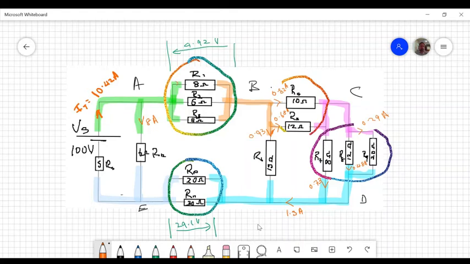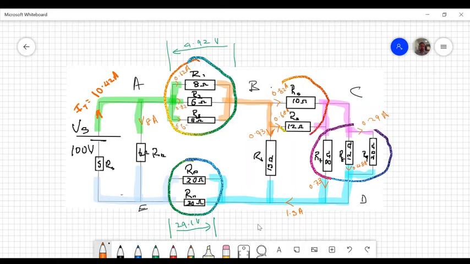I is equal to V divided by R. So 0.62 through the 6 ohm resistor, 0.82 and through that 8 ohm resistor, 0.62. Well, we have two 8 ohm resistors there, so we expect it to be the same.